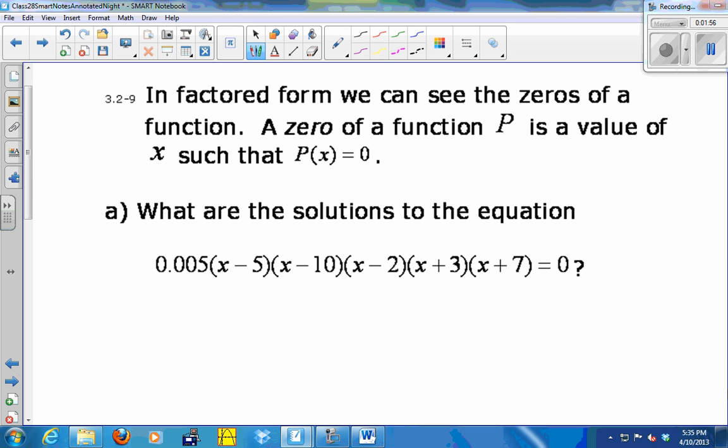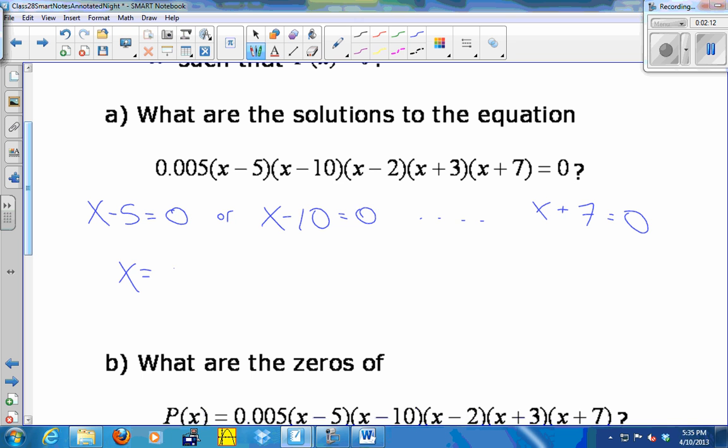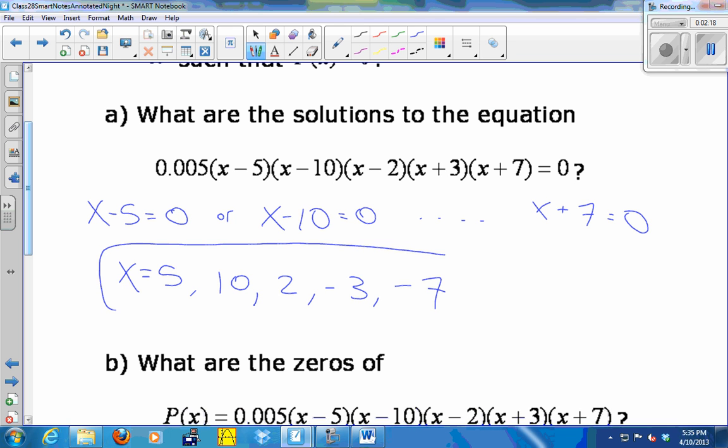That means at least one of those factors has to be 0. So x minus 5 is 0, or x minus 10 is 0, or x plus 7 is 0. And so my solutions are going to be x equals 5, 10, 2, -3, and -7. If I put any of those values in for x, the equation will be true. The polynomial will equal 0.